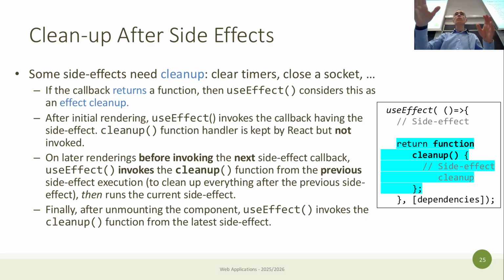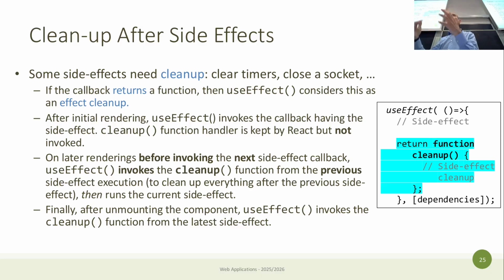React, when you call the useEffect during the render, just stores the callback, okay, and it will also store the returned function from the callback to be used at the next interaction with the component, okay? So it will be used in any case.